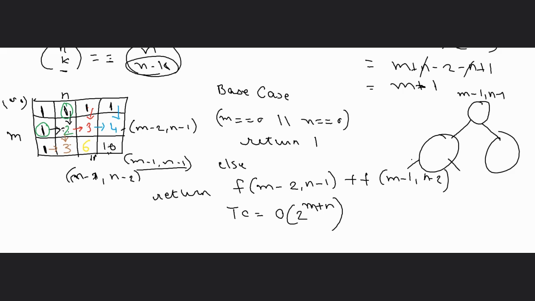This will again have two branches until we reach 0. So the height of this tree will be m plus n. And the space complexity is the recursive call stack, because this goes in the stack, then we make a recursive call, this goes in the stack, and we again make a recursive call.